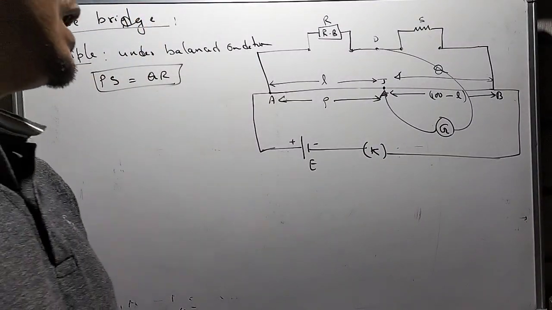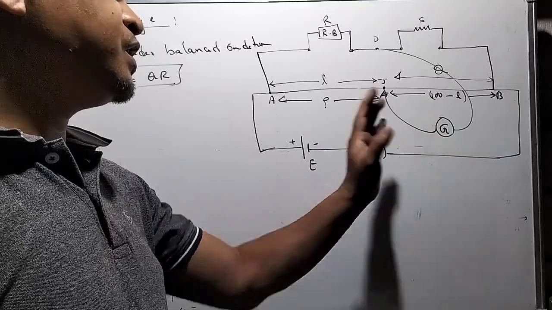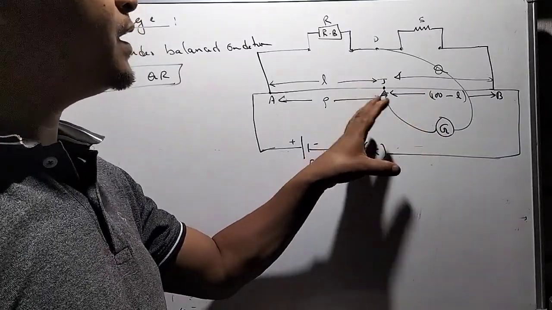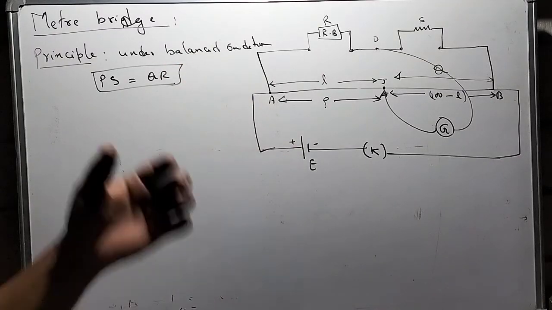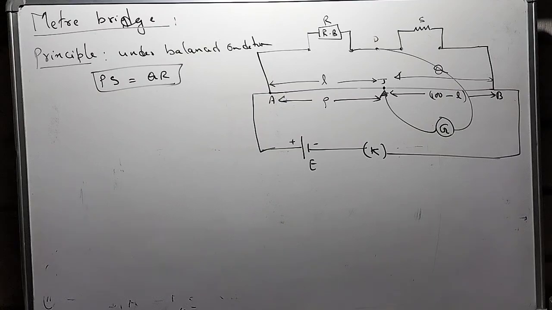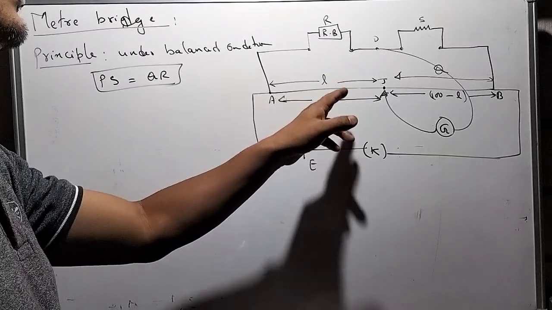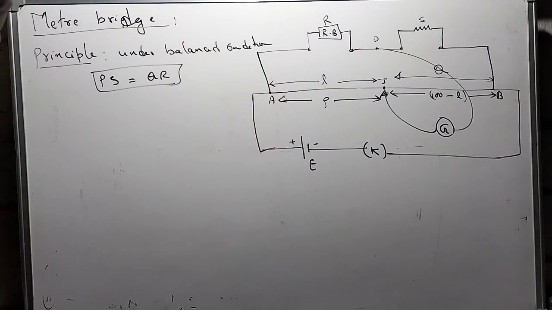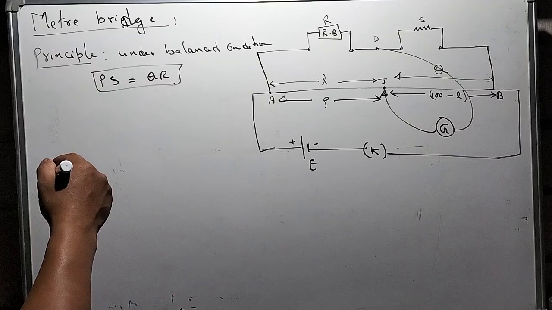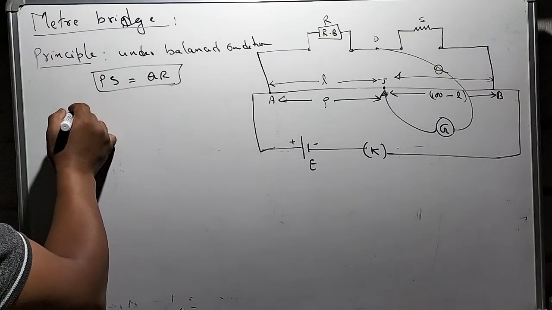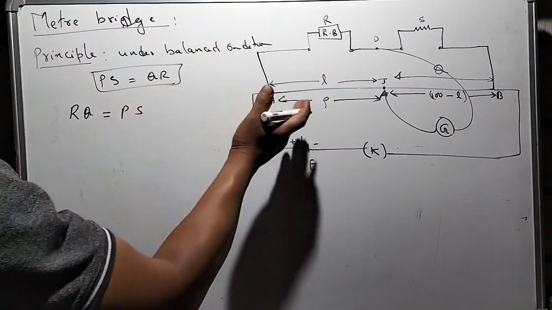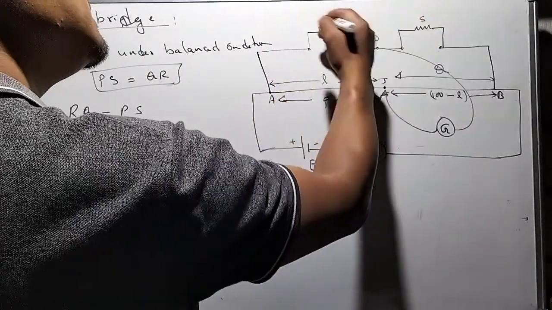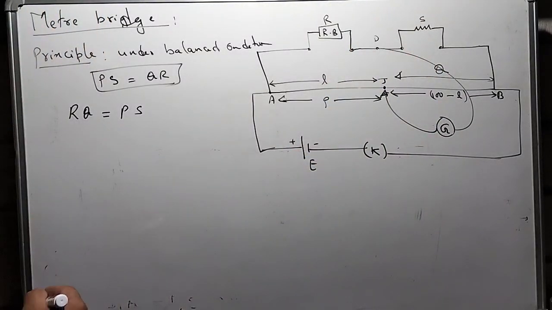Because the galvanometer gives zero deflection, it means that this bridge is a balanced Wheatstone bridge. Which means that the product of the resistances in the opposite arms are equal, that is, R into Q is equal to P into S. So what is your unknown resistance here?